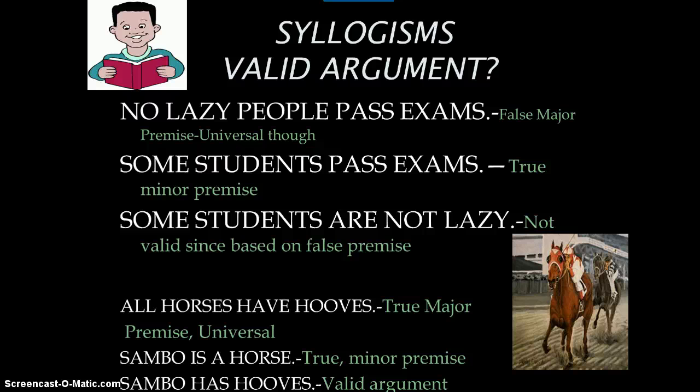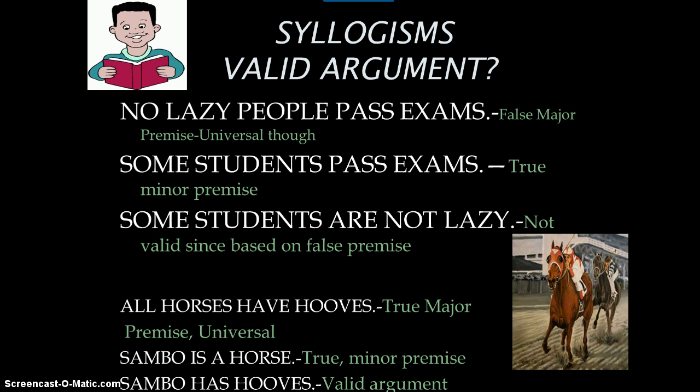This is false. Some people do. How they do it, we don't know, but they do. Some students pass exams. This is true. Okay, so the minor premise is true. Some students are not lazy. Now, this conclusion cannot be valid. One of the premises is not true, so it actually negates the whole syllogism.